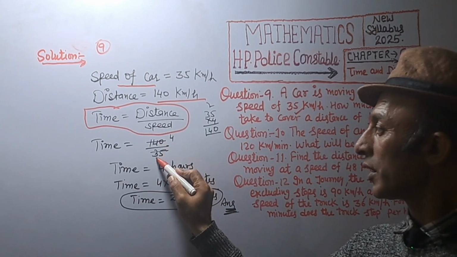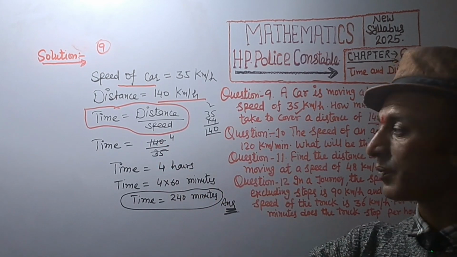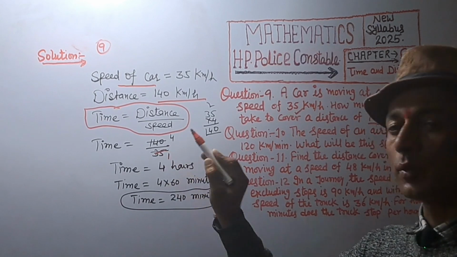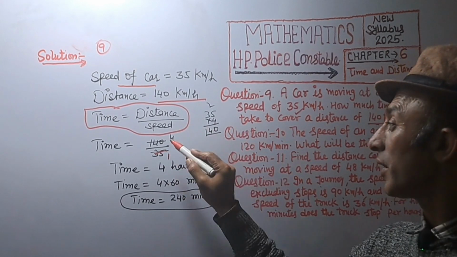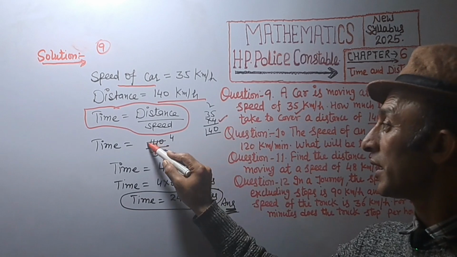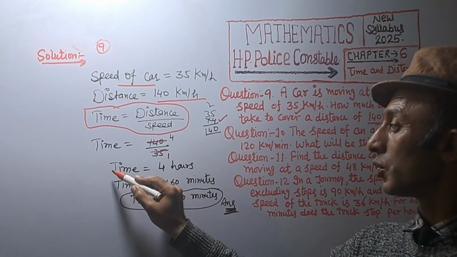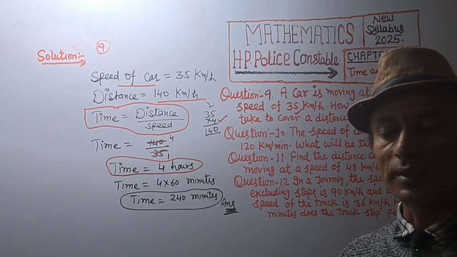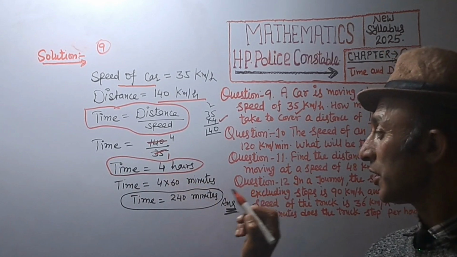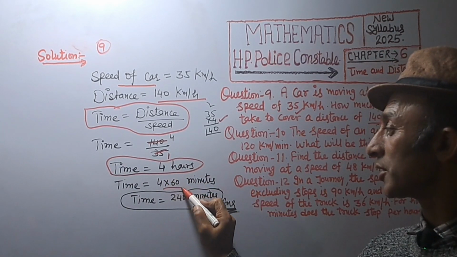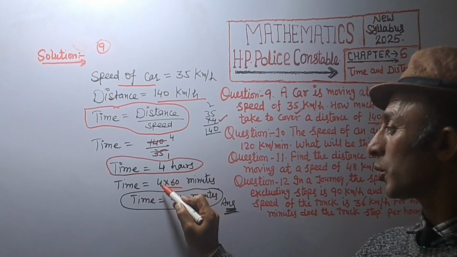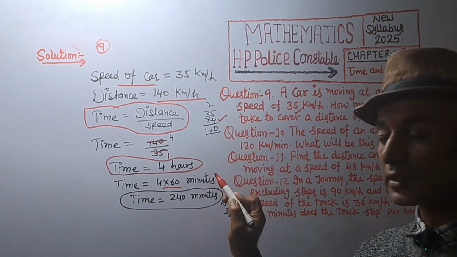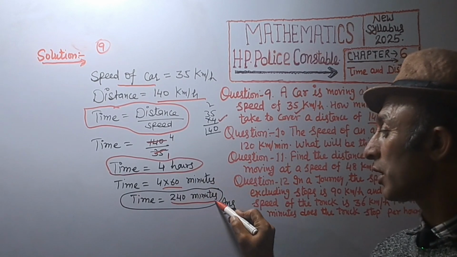Distance is 140 and speed is 35. 140 divided by 35. 35 ones are 35 and 35 fours are 140. So time is equal to 4 hours. And in minutes, 4 multiplied by 60. 6 fours are 24. So required time in minutes equal to 240 minutes.